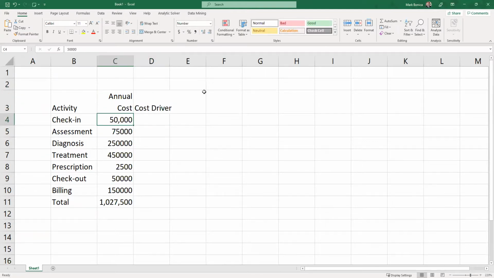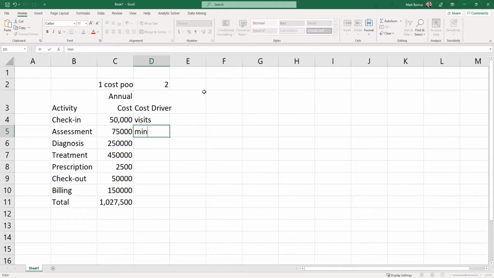right? So now we have our 4-step method. Step 1, cost pool, right? Step 2, cost driver. Step 3, well, we'll get to step 3 in a minute. So what is our cost driver going to be? Well, in this case, it's going to be visits. For check-in, it's going to be visits.